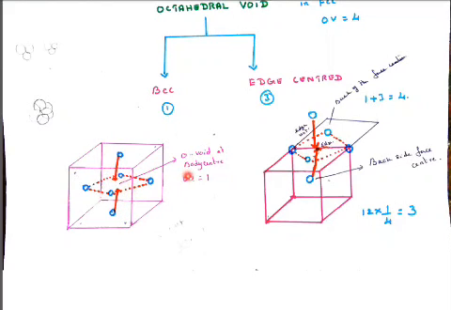So one octahedral void is present because of 6 atoms. 6 atoms in contact produce a void called an octahedral void. So only one void is present, called body centered.